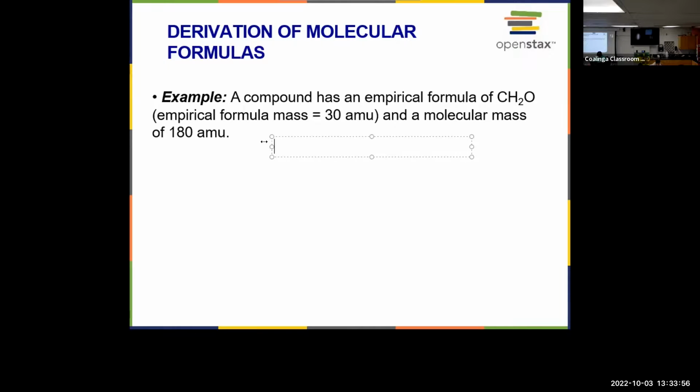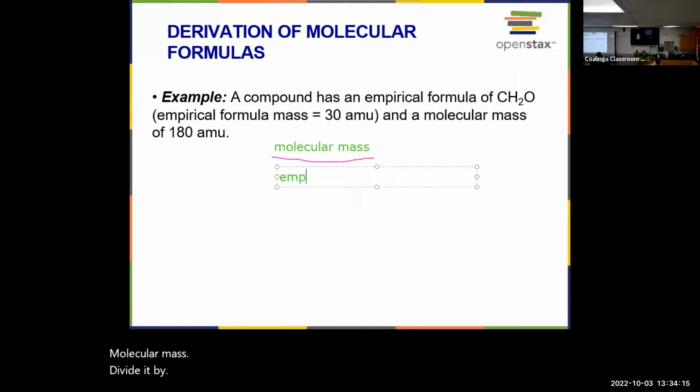So molecular mass divided by empirical formula mass is going to equal our factor.